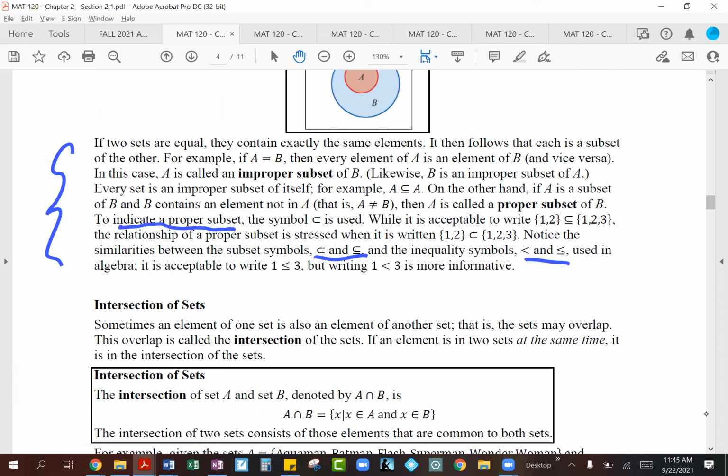To indicate a proper subset, we use the symbol that kind of looks like a C over here. While it is acceptable to write it with the less than or equal to symbol, the proper symbol is this one here, because obviously not everything in the second set is in the first set. So technically a proper subset is where the first set has fewer elements than the second one. There are more elements in the second one.